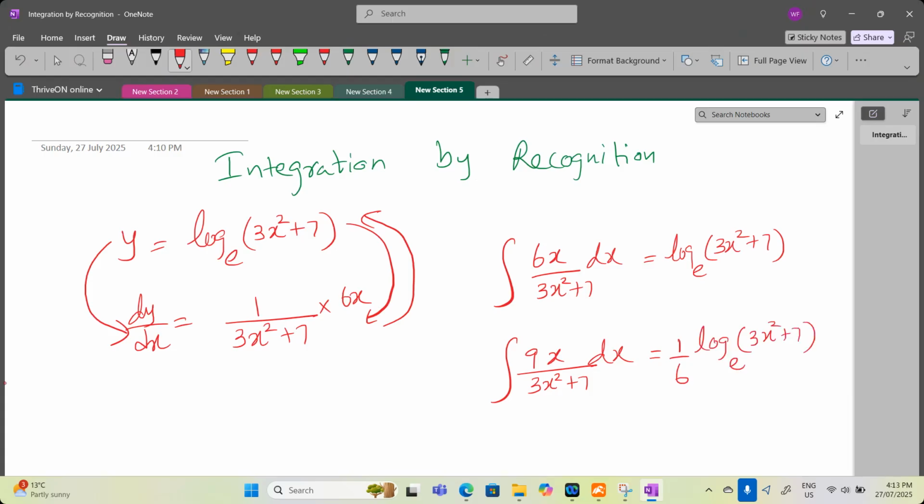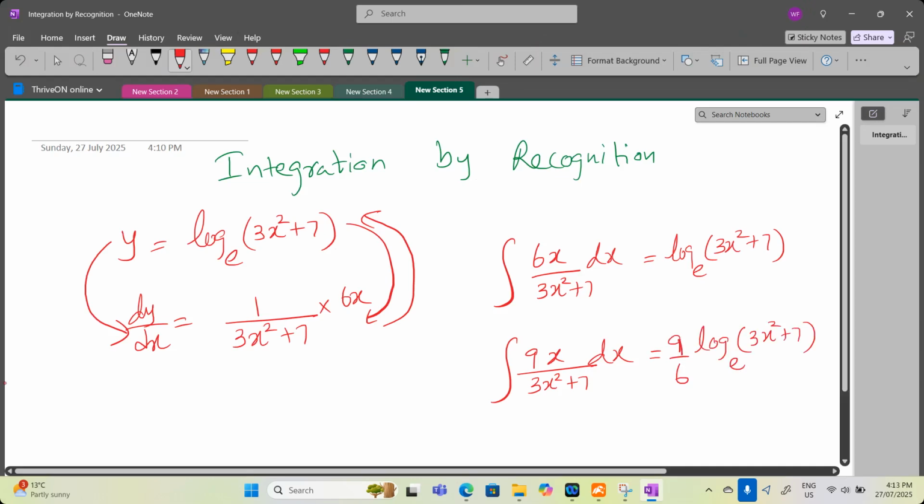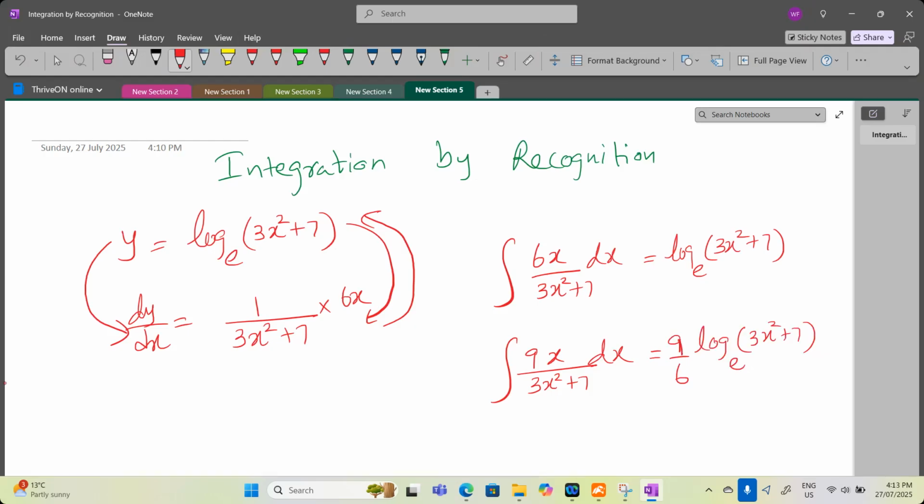And then we don't have the 6 here, but we have a 9 here, so multiply by 9. You simply bring this 6 to the other side as a division. Whatever you need, if it is 9, just multiply the right hand side by 9. So 9 over 6, so it's 3 over 2. That is how you find the integral of something by recognition.